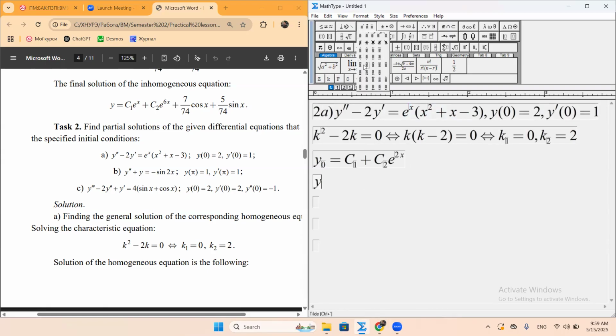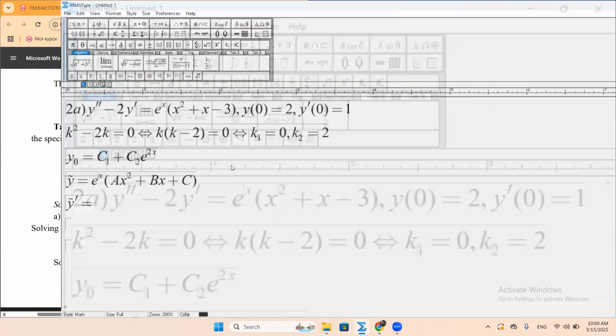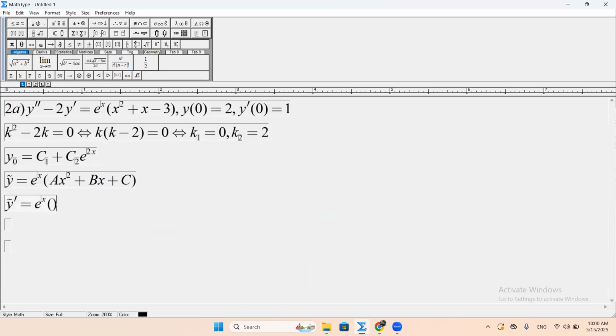So the partial solution y will be equal to e to the power of x multiplied by (ax squared plus bx plus c), because here is a polynomial of power 2. Differentiating this partial solution, y prime will be equal to e to the power of x, first of all differentiating e, then plus (2ax plus b).